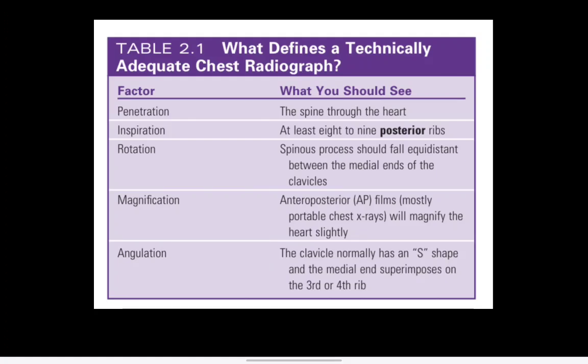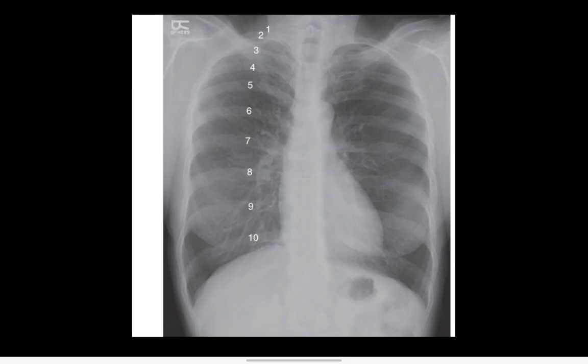The next is inspiration. In inspiration, we use counting of the ribs as a parameter to assess the inspiration of the image. Like here, before I take the exam, I told my patient to hold a breath.